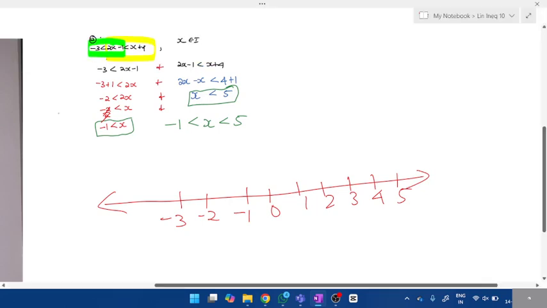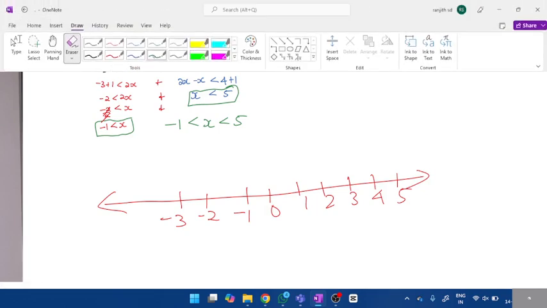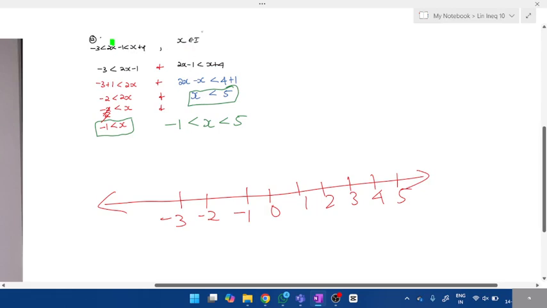Look at the question. Don't give me some random answer. There's a lot of disturbance in your voice. Integer, right? x belongs to integer. They have clearly given it in the question. x belongs to integer.